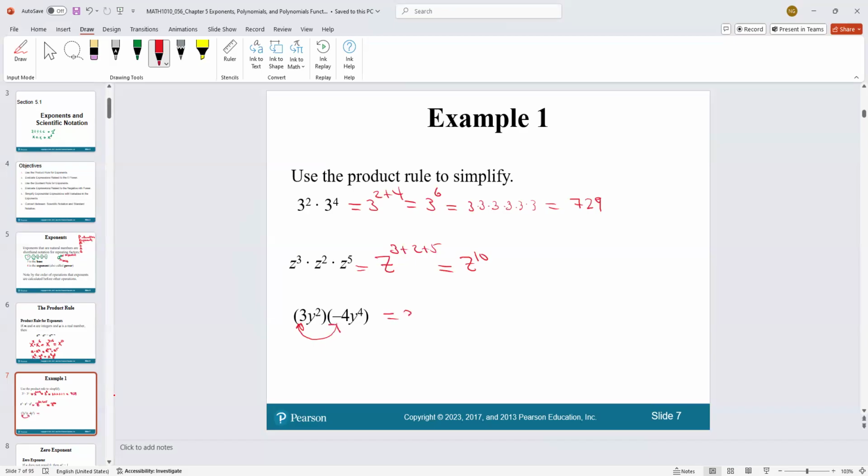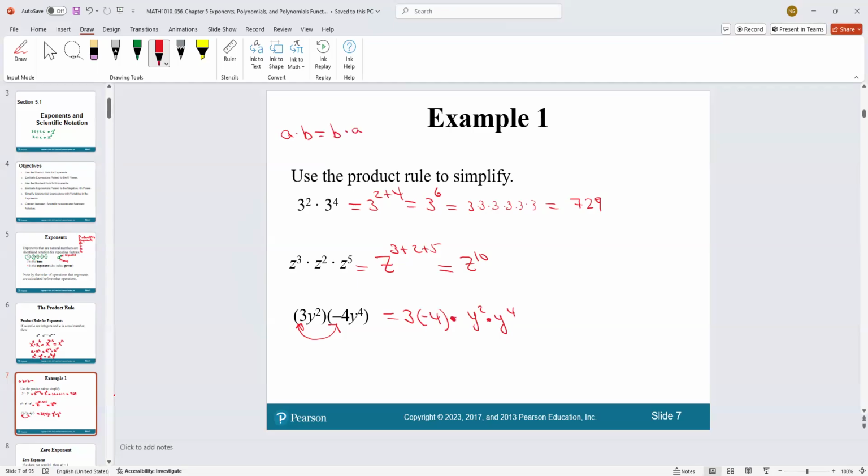If I want, I can multiply 3 times negative 4 times y power 2 times y power 4. Remember the distributive law in multiplication. So A times B is the same as B times A. So it doesn't matter in which order I put my factors, as long as they are factors.